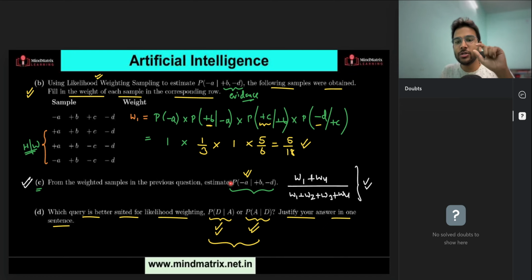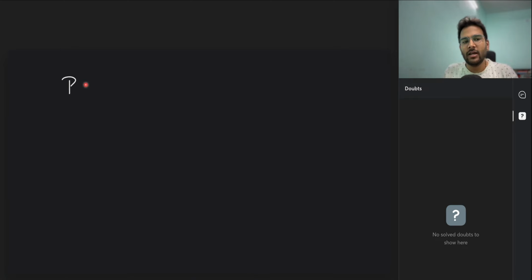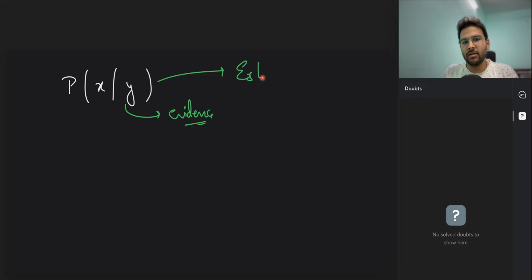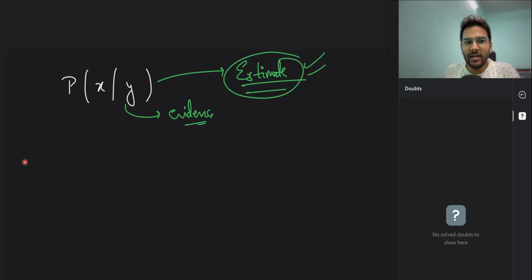See, here it is, Gurdeep. Here it is not talking about how to calculate the weights. It is talking about if you have to estimate this. Let's say probability of X given Y, where Y is my evidence. I want to estimate this. To estimate this correctly or approximately, what we are doing is finding the weights of each sample.